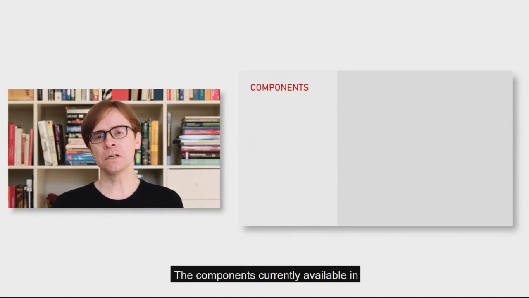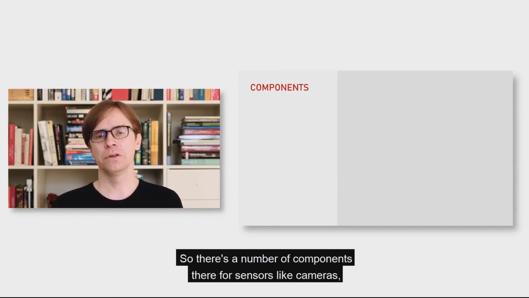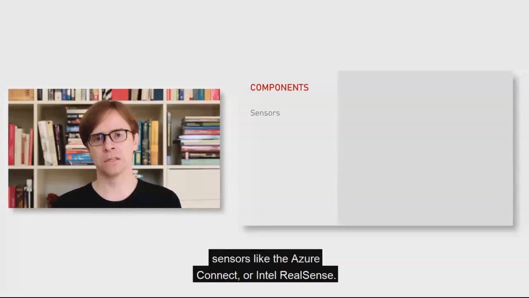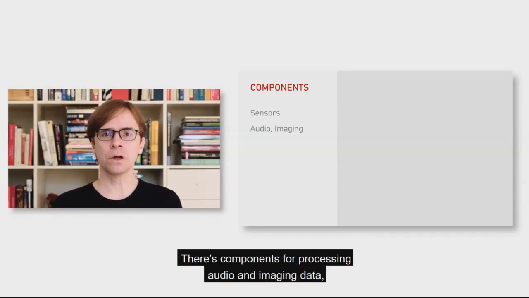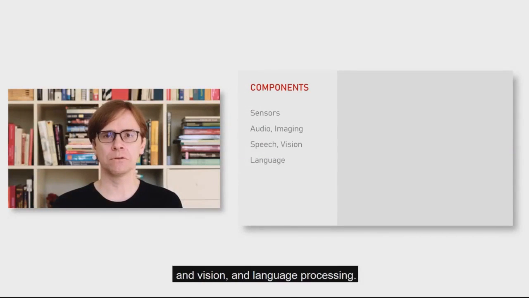The components currently available in the GitHub repo focus a lot on multimodal sensing and processing. So there's a number of components there for sensors, like cameras and microphones and other kinds of sensors like the Azure Kinect or Intel RealSense. There's components for processing audio and imaging data, and there's components for doing things like speech and vision and language processing.